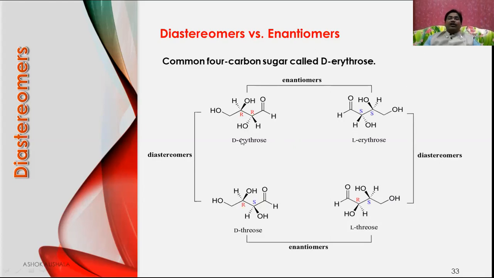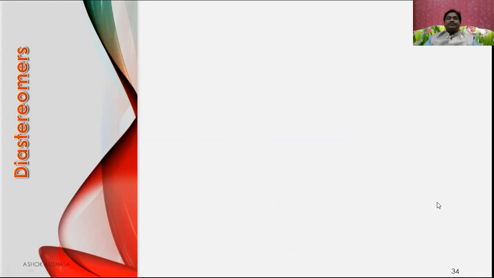In this way, which types of compounds are called enantiomers and which are called diastereomers? If the mirror image, non-superimposable optical isomers are called enantiomers, the non-mirror image, non-superimposable optical isomers are called diastereomers.